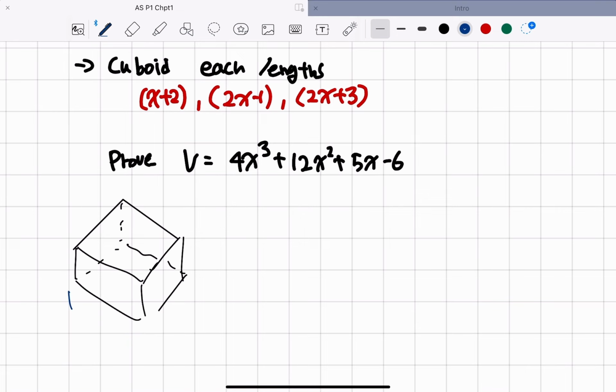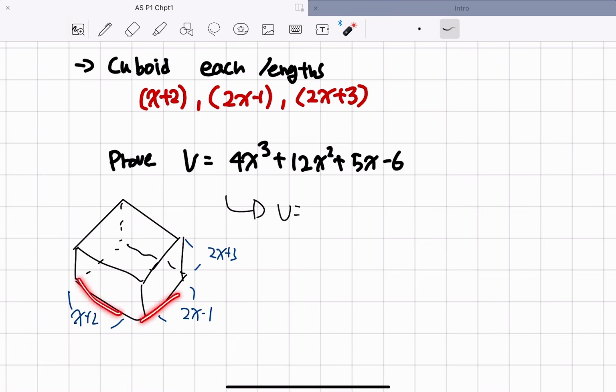So the lengths are x plus 2, 2x minus 1, and 2x plus 3. This should remind you of the volume formula: base area times height. We need to remember all the small formulas as well. Let's try to prove this one.